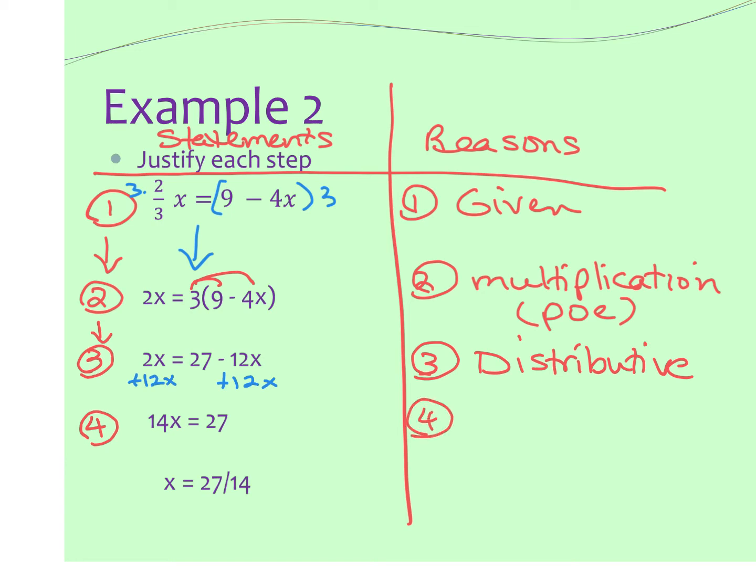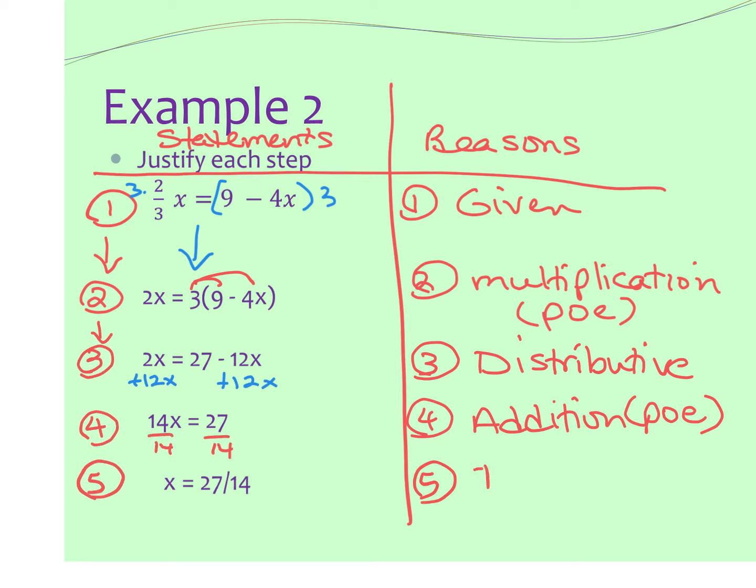So this would be addition. And again, property of equality. And then lastly, from step 4 to step 5, they divided both sides by 14, and this is the division property of equality. So basically, you're going to solve the algebraic equation, and your reason will be the description.